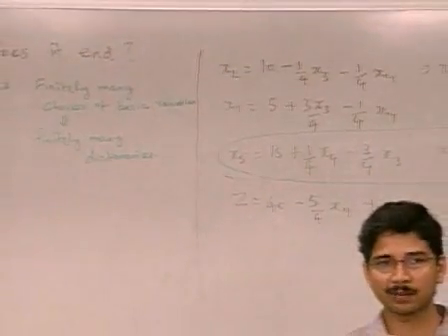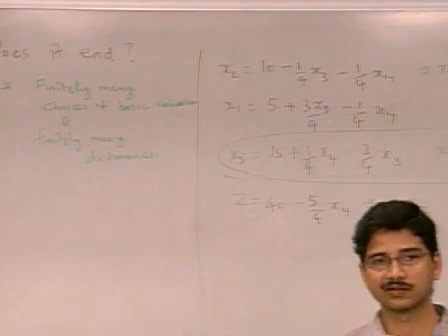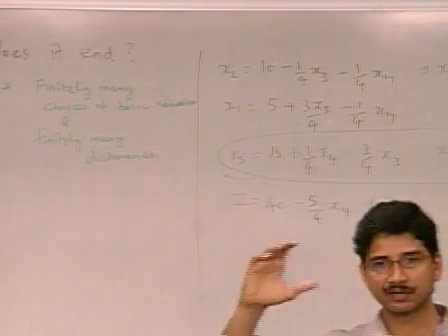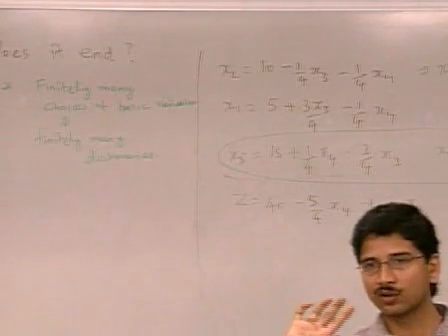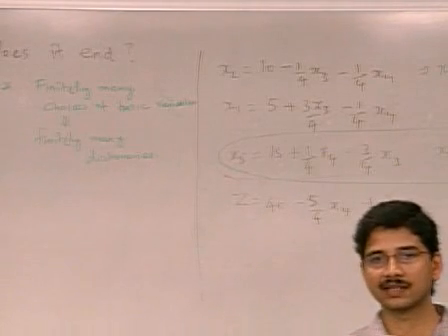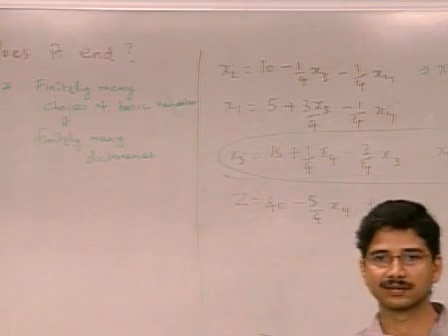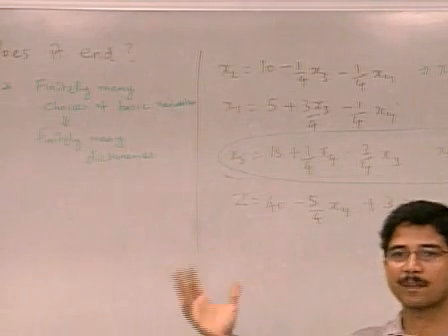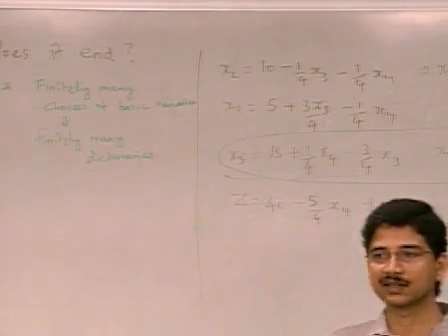There were a couple of questions about how you will choose the entering variable when there are many positives, and how you will choose the leaving variable when multiple rows achieve the minimum simultaneously. If you're not very careful about making these choices, you could cause this method to cycle. So what I've specified is not a method, it's a family of methods, each one different depending on how you choose to break these ties.